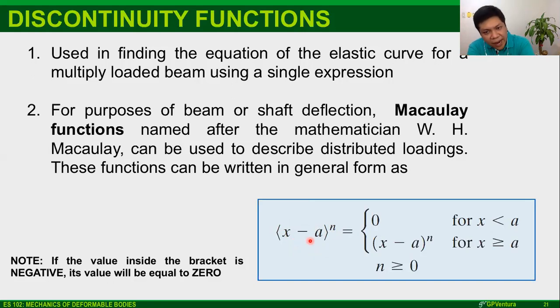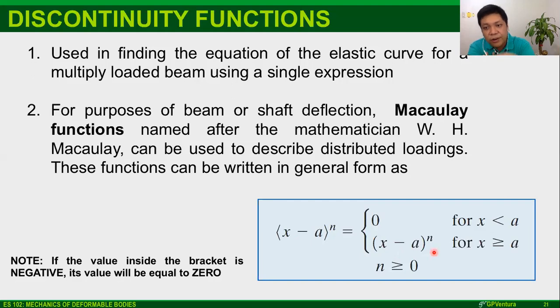For example, if x minus a is negative 5 raised to 2, you don't square it, you don't raise it to n. Automatically, if the inside is negative, this entire thing is equal to 0. But if x minus a is positive, you evaluate.